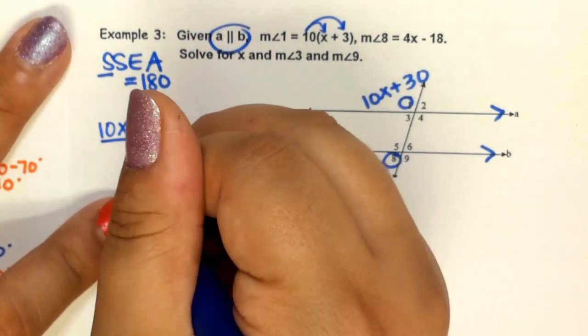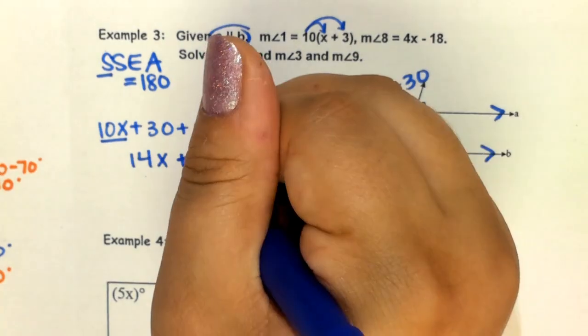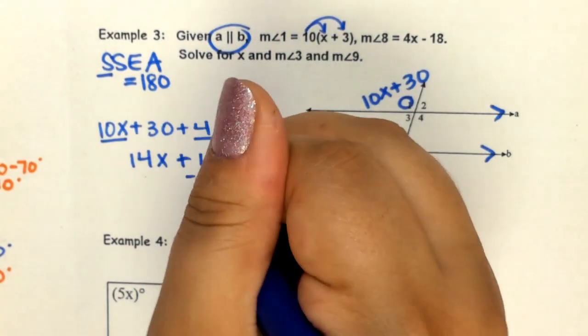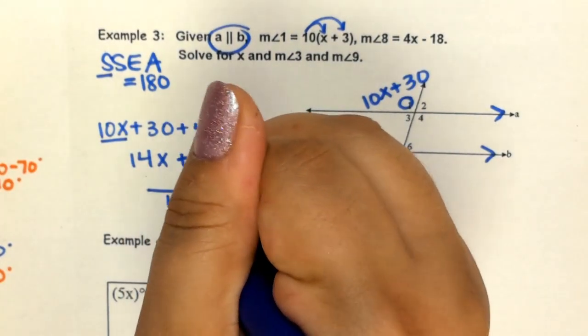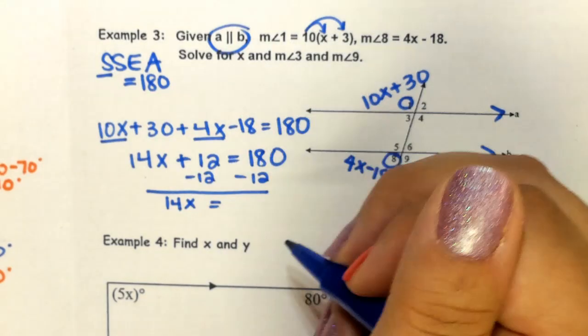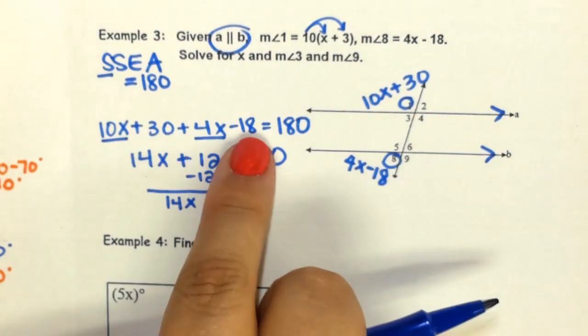Combine your like terms and solve. 180 minus 12 is 168. What is 30 plus negative 18?